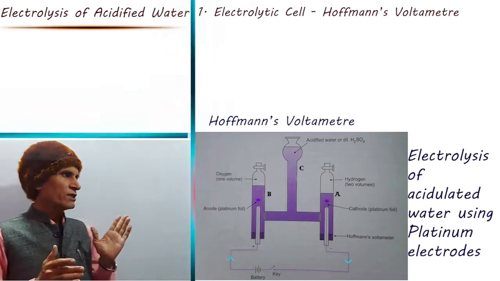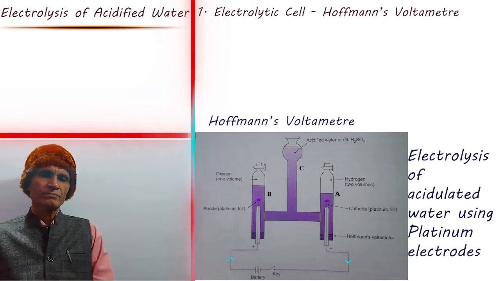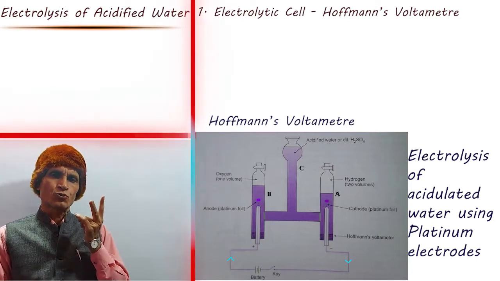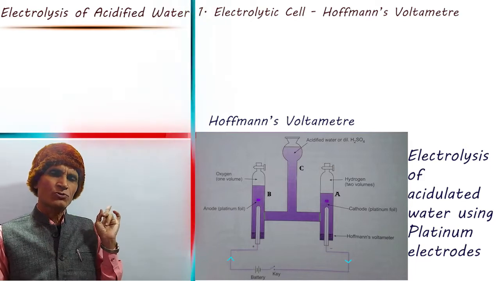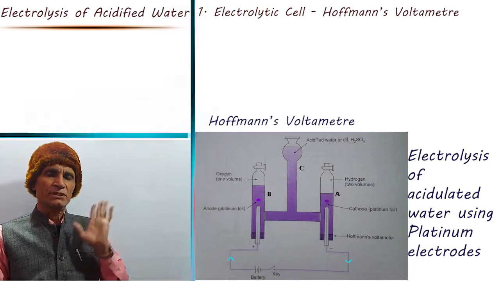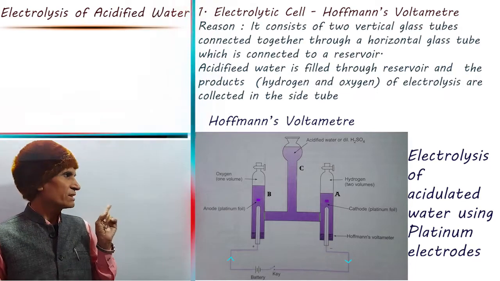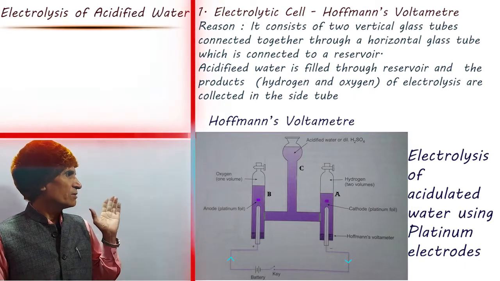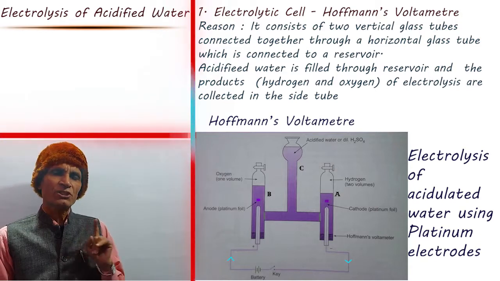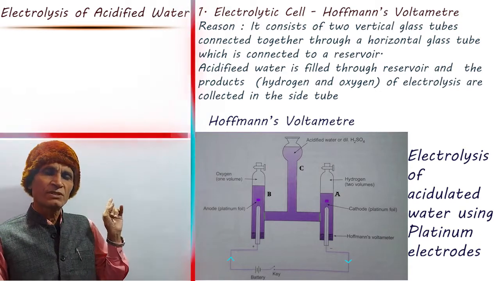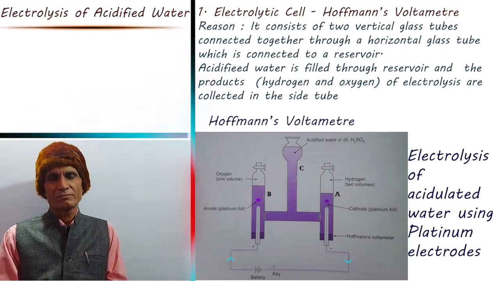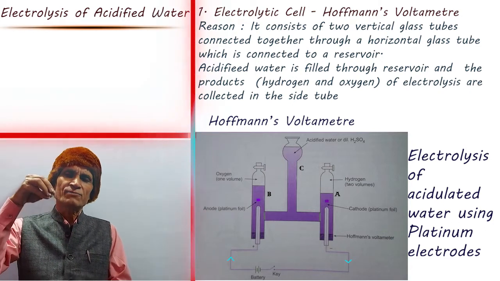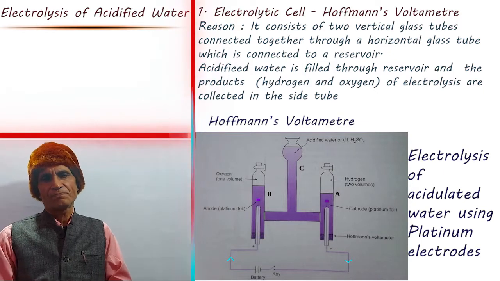It consists of two vertical glass tubes A and B. These vertical glass tubes are connected together through a horizontal glass tube which is connected to a reservoir C. Through this reservoir, electrolyte is filled in the apparatus.